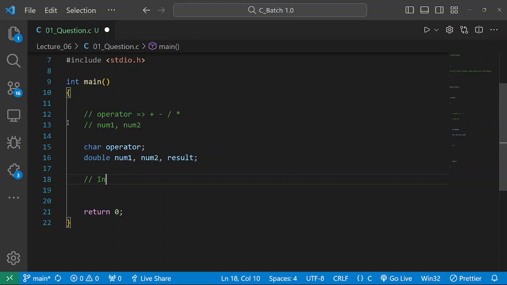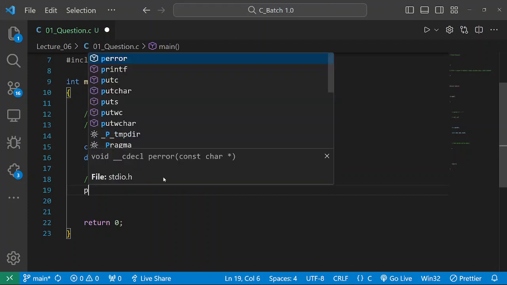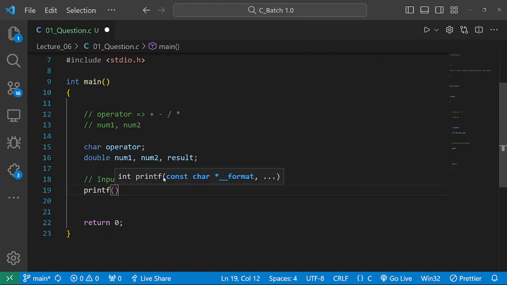Okay, so now the input. We are going to take an input operator and two numbers. Let me print a message, making it user friendly so the user can read and understand it properly.